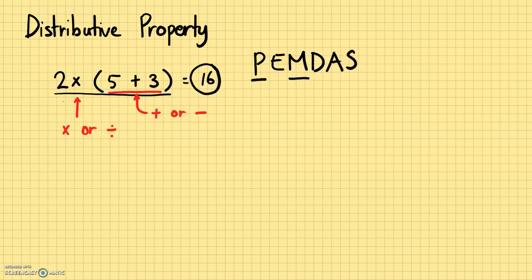So let's try a few other cases here. If we have 3 times 1 plus 5. Can you use the distributive property here? Yeah, outside the parentheses we have multiplication. Inside the parentheses we have addition. So we can use the distributive property here.